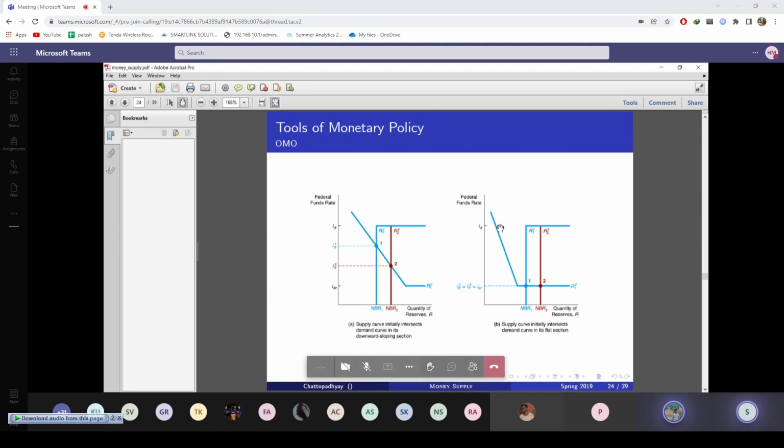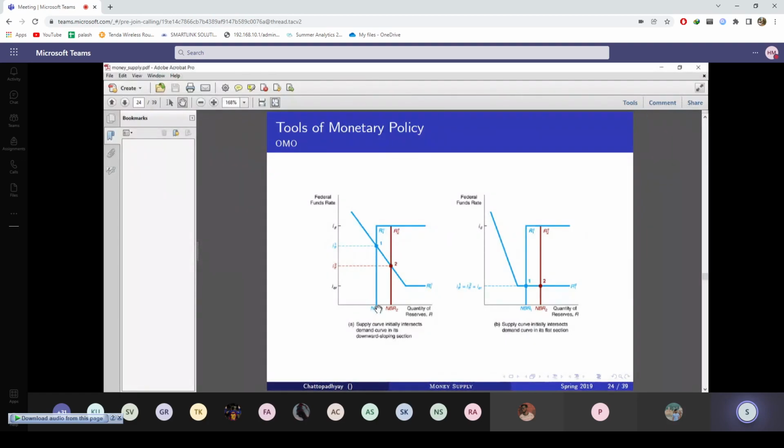Yathart, can you tell me what this panel B over here is representing? Increase in quantity of reserves. Speak properly. You see over here, concentrate on this market clearing interest rate. Initially in panel A, the market clearing interest rate was IFF1 and the reserves were NBR1.